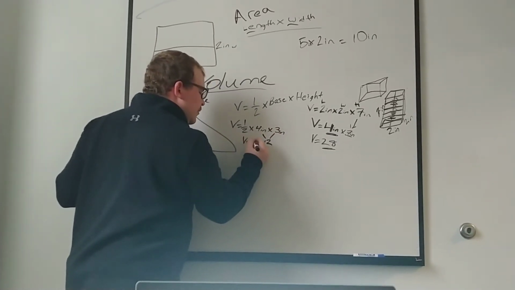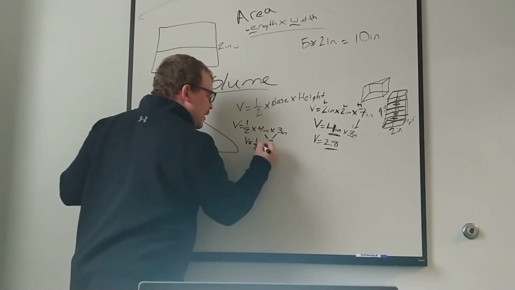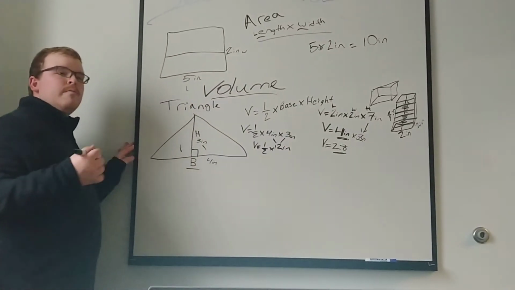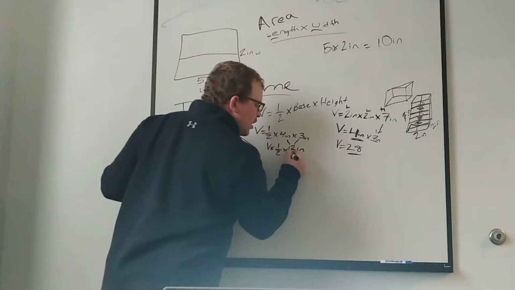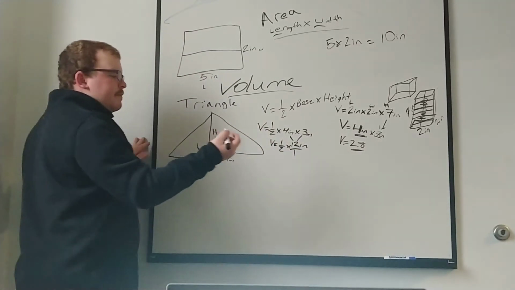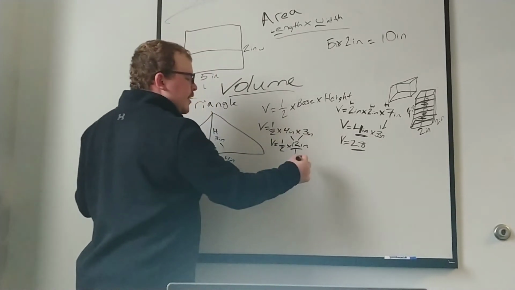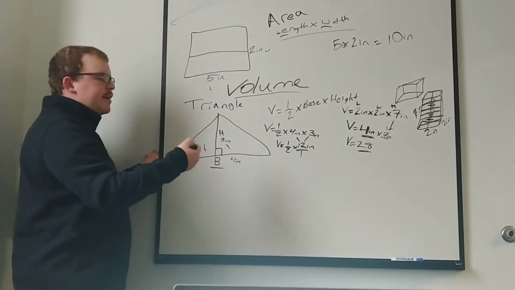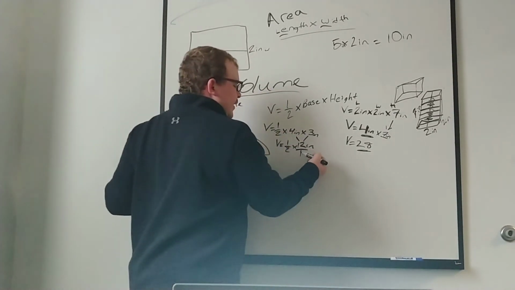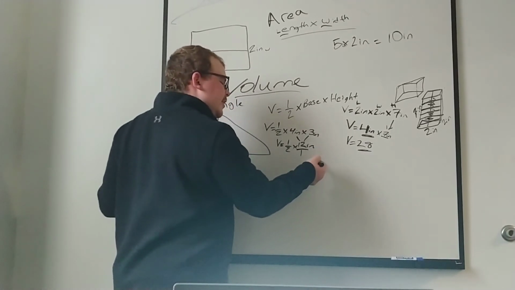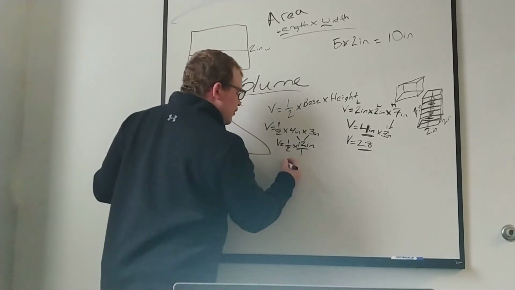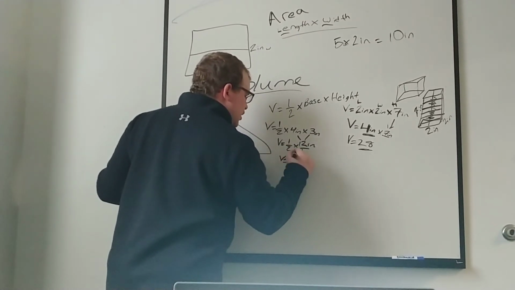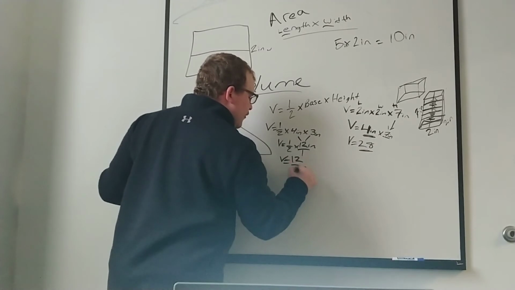So V equals 1/2 times 12. Well, remember what we learned last time? Whenever we're multiplying fractions, we always give the number that does not look like a fraction a 1 under it. So a 1 under it. That way it looks like a numerator and a denominator. So if we multiply these together, it'd be V equals 12 over 2.